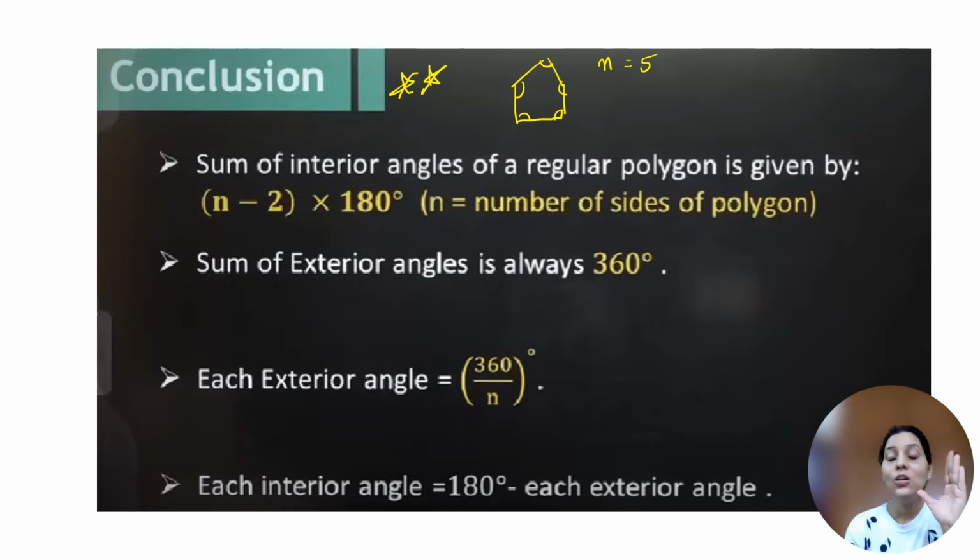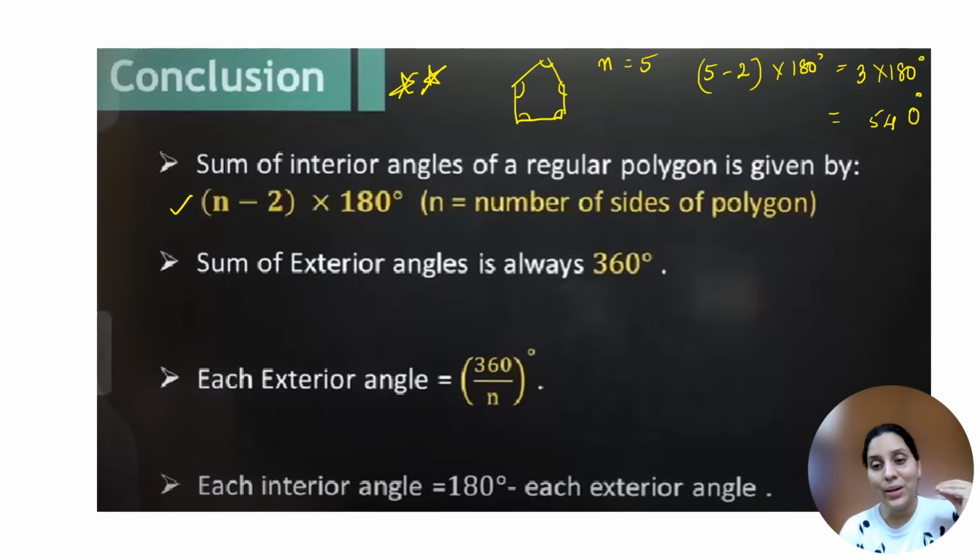So for that we have this formula, which is n minus 2, n is 5, into 180. So 5 minus 2 is 3, into 180, which is 540 degrees. So in a pentagon, the sum of all the interior angles is always 540 degrees.